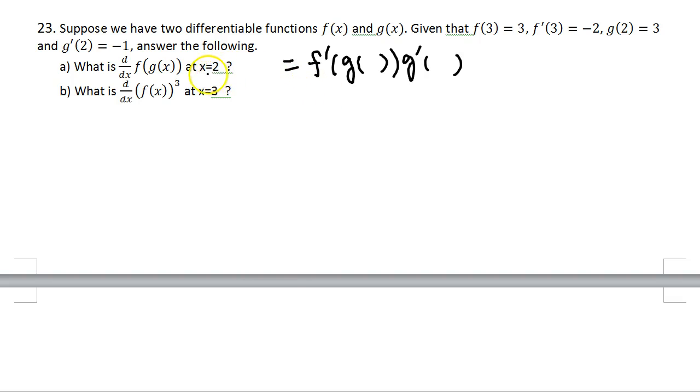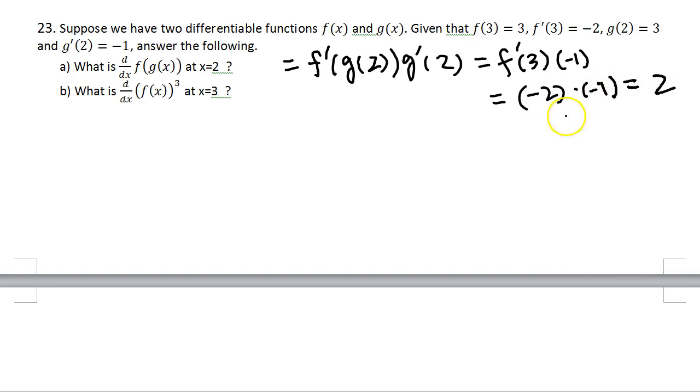Because we have to evaluate it at x equal to 2, we put 2 in here. g prime of 2 is -1. g of 2 is 3. When I replace g of 2 by 3 and g prime of 2 by -1, I end up with f prime of 3 times -1. And what's f prime of 3? That's -2. So it's -2 times -1, which is +2.